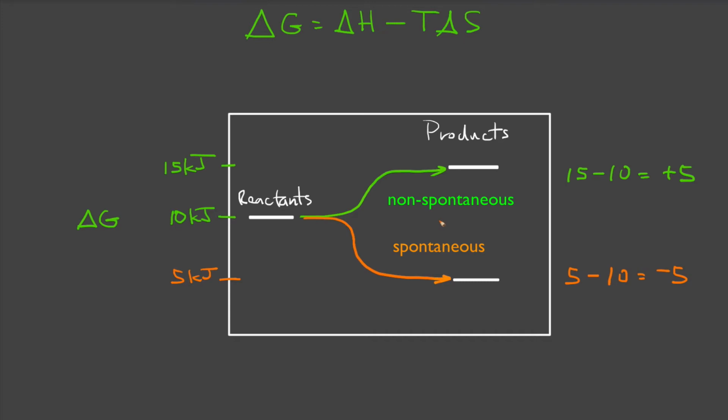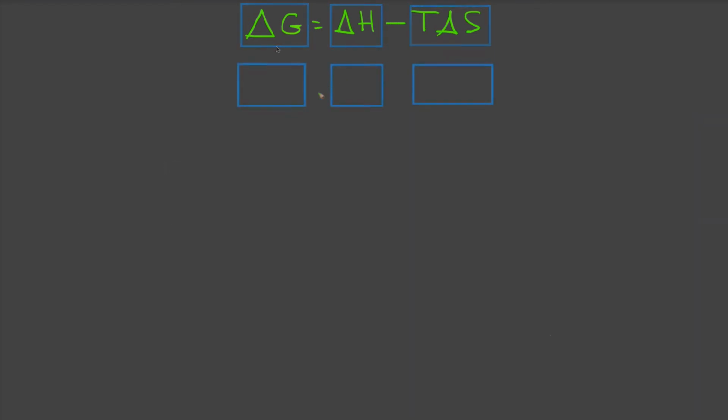Now let's look at this phenomenon in terms of the mathematics of our equation. Let's look at four mathematical possibilities: where delta H is minus and delta S is positive, delta H is positive and delta S is minus, or both are positive or both are negative.